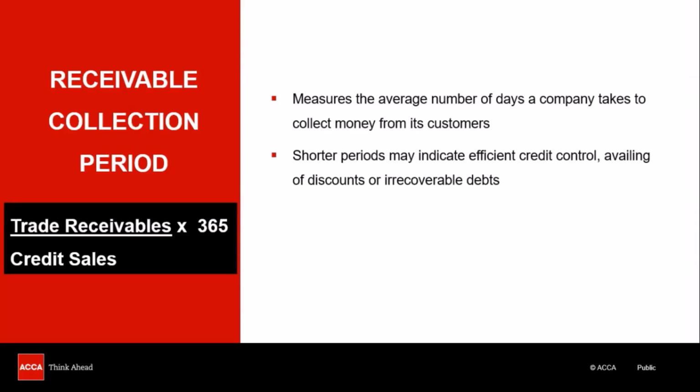A very good way of analyzing the ratios is that you talk about the analysis of the numerator as well as the analysis of the denominator. Now, another aspect that may be linked to the receivable collection period is that shorter periods may mean that there are irrecoverable debts. So you are very sure that your customer is not going to pay, and therefore your amounts are being written off.